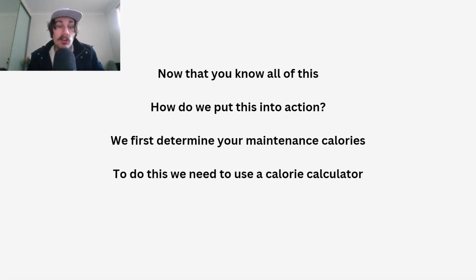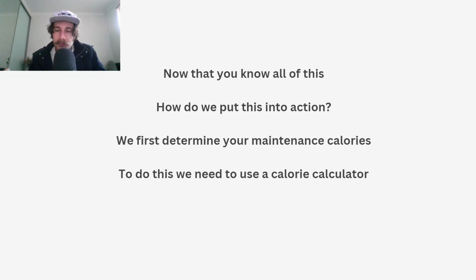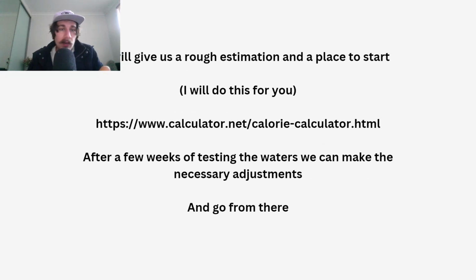Now that you know all this, the first thing we need to do is determine your maintenance calories. And to do this, we're going to use a calorie calculator. Now, as a part of the coaching, I'll work it out for you. But essentially, what you do is you input your age, your height, your gender, your weight into a calorie calculator.